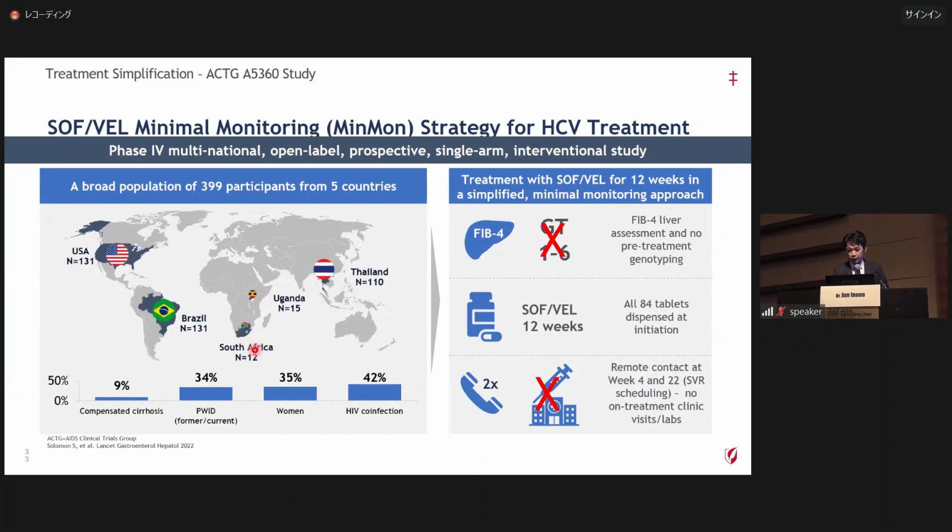In this strategy, there was no genotype check, and only phase 4 was assessed. And all tablets were prescribed at the initial visit, with remote contact at weeks 4 and 22 for SVR scheduling. There is no on-treatment clinic visit.